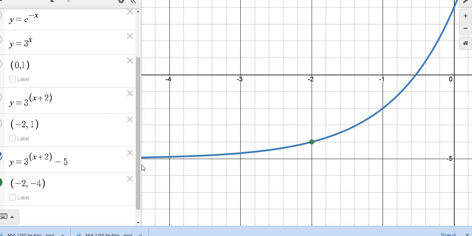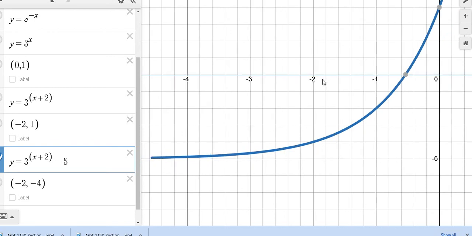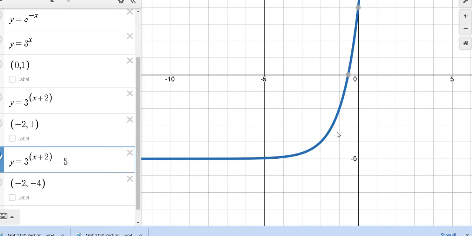How about the range? Is the range for this one all real numbers? Well, is it going to get much lower than this right here? Let's try and zoom out a little bit. Seems like it's getting closer and closer to this line, but not crossing it.